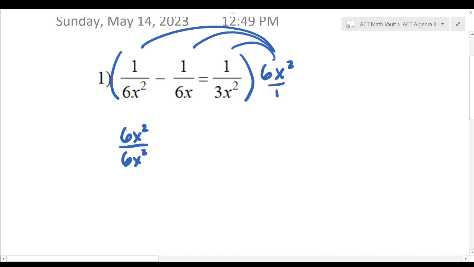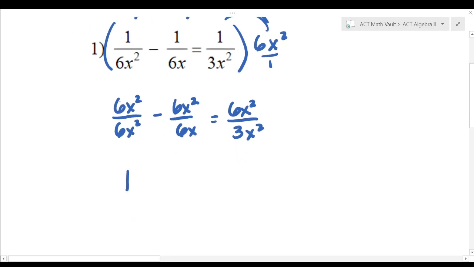Remember, this is like over 1. Minus 6x squared over 6x equals 6x squared over 3x squared. Okay, so these two, one on top of the other, simplify down to 1. This 6 and 6 will cancel, and then an x squared over x will just be an x. And then this, the x squareds cancel, and we get a 2.